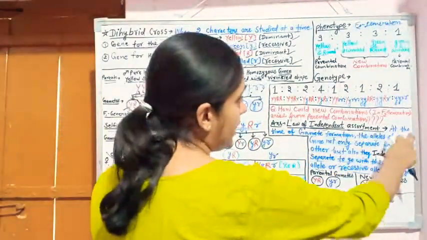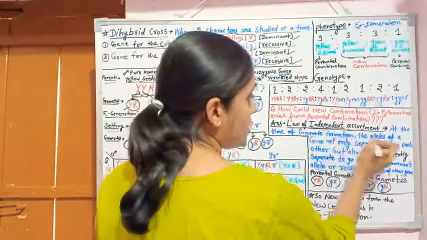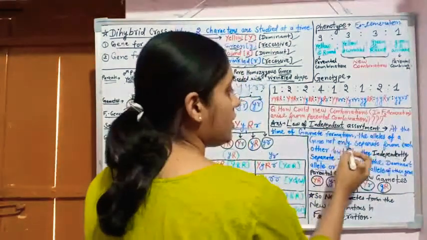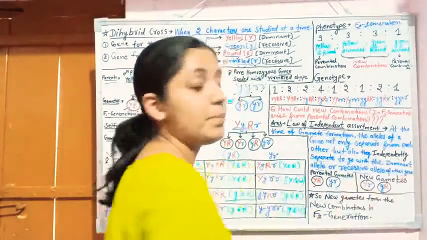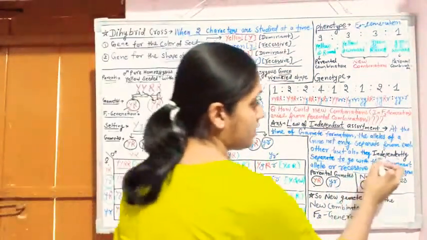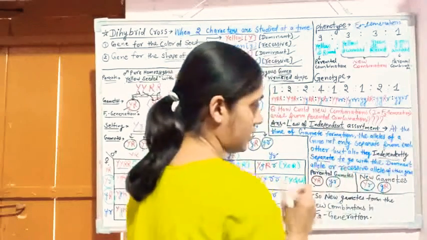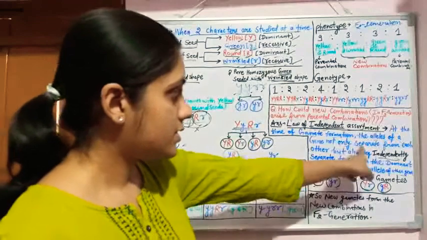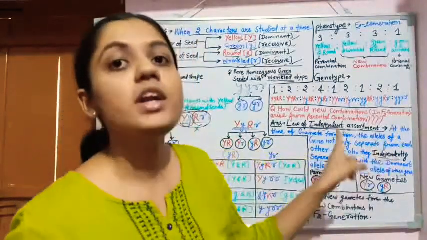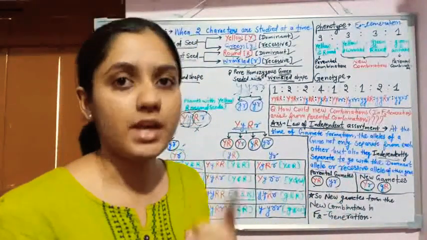It says that at the time of gamete formation, the alleles of a gene not only separate from each other, but also they independently separate. So remember, independently separate. First of all, they separate. This separation we have already discussed in the law of segregation.